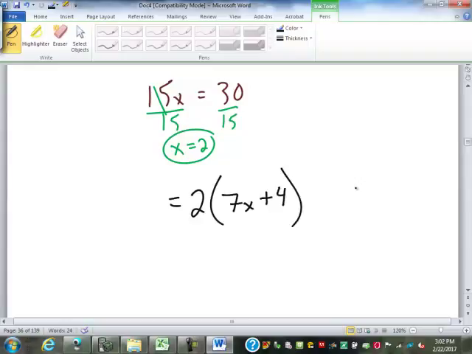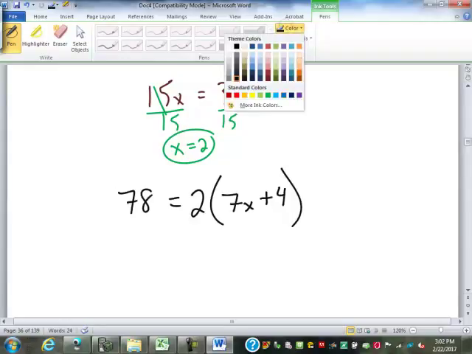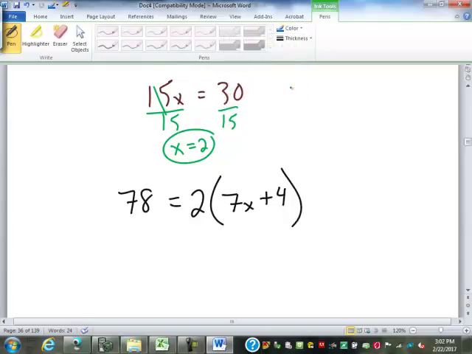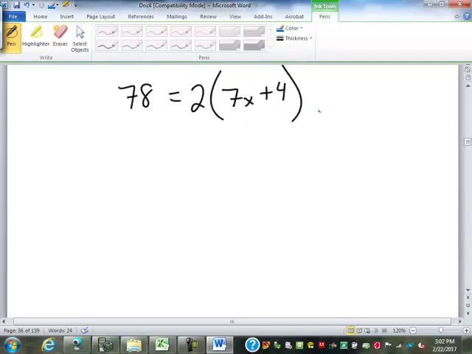So for this one, what do we have to do here first? Tell me where to start. So you're going to do 2 times 7. Yeah, 14x. 2 times 7x is 14x. 2 times 4 is 8.